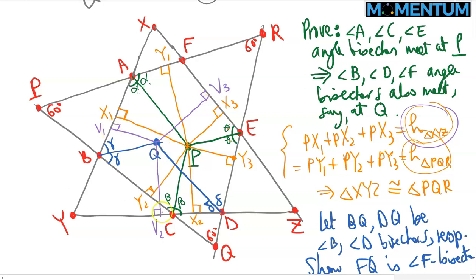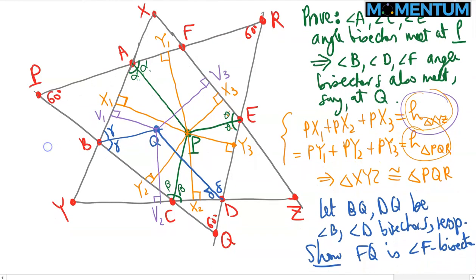Clearly, from any random point inside this equilateral triangle XYZ, I dropped three perpendiculars to the three sides, so QV1 plus QV2 plus QV3 is necessarily the altitude of triangle XYZ. Again, the altitude of triangle XYZ can be written as QV1 plus QV2 plus QV3.